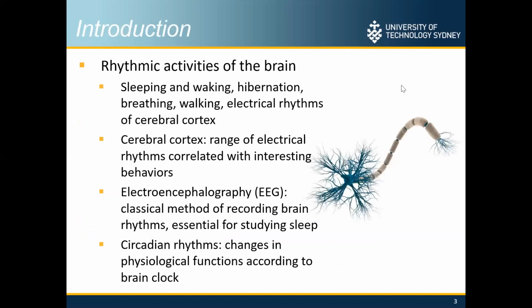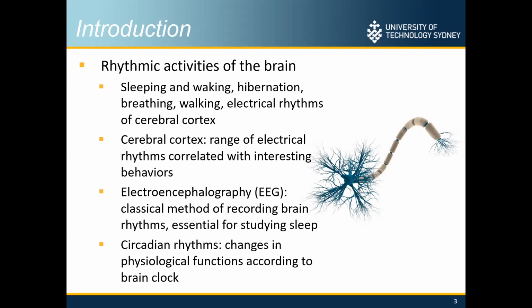Before we delve into the more complicated parts of this lecture, I just want to take you through a basic introduction of this topic. As you may know, our brain works in a way that it's always activated.